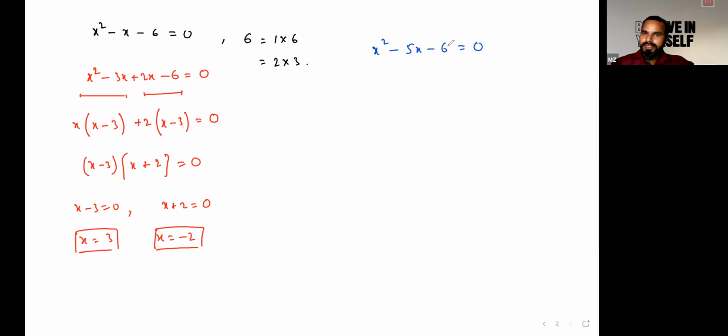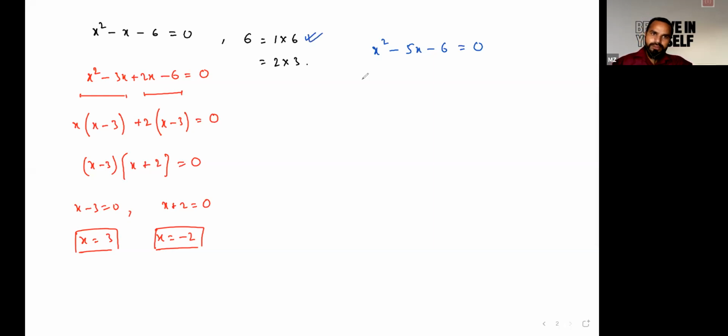So if the constant term is negative, we have to take the factors in opposite sign, which equals the middle term. So if you take for this part in opposite sign, it will give you 1, -3 plus 2, or -2 plus 3. It will give you nothing but 1. So you have to take this term as factor.